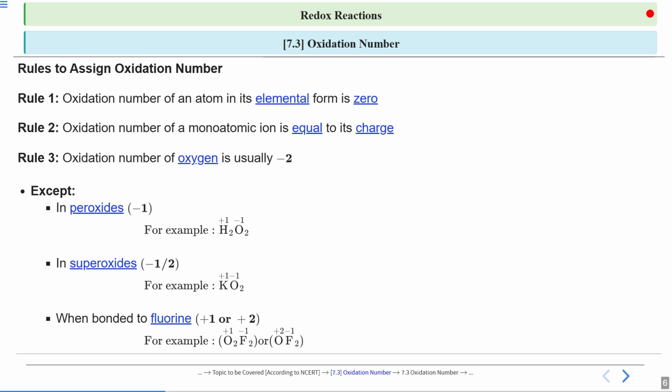The compounds of oxygen in which the oxygen atoms are directly linked to each other are considered peroxides.